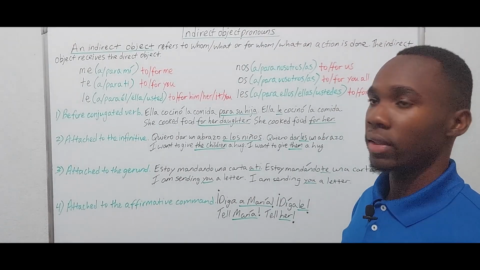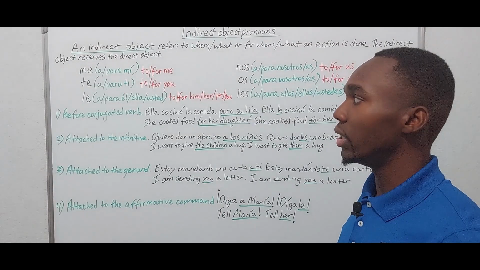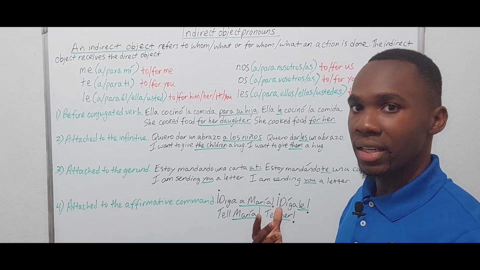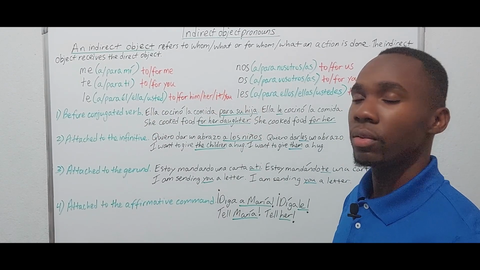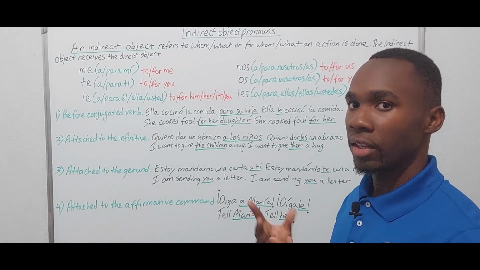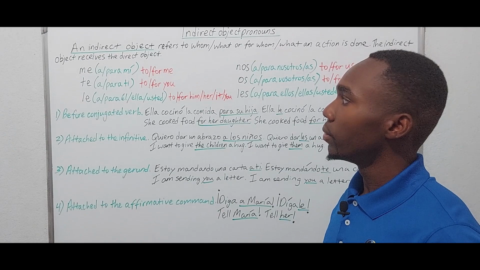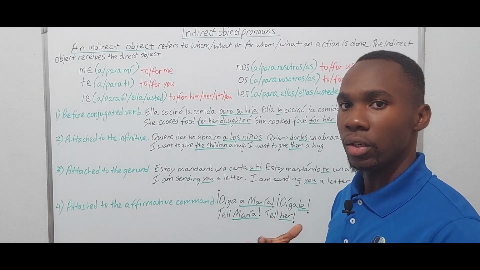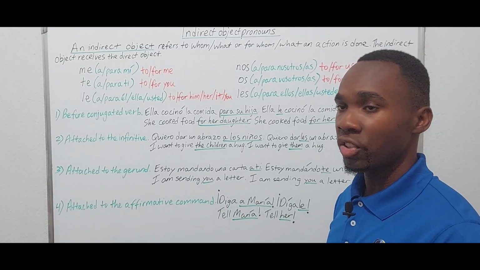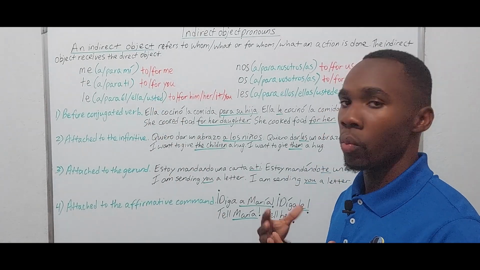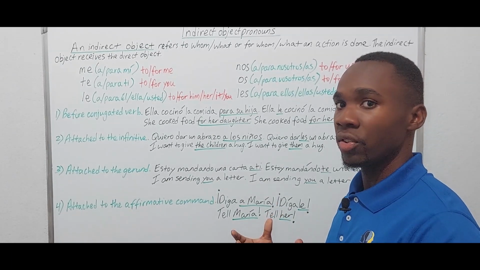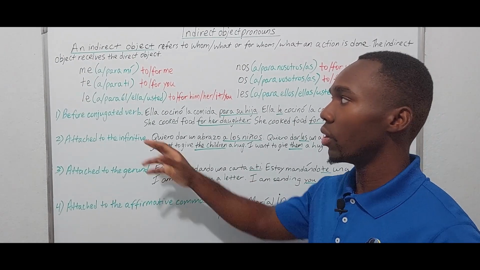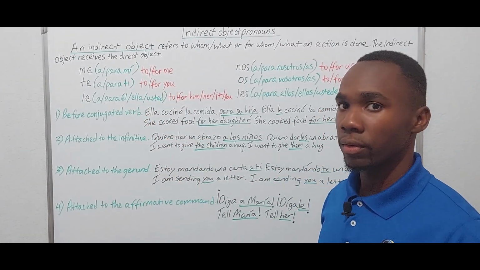What you will notice is that they're very similar to the direct object pronouns, but obviously there's a difference in meaning, and the third person would be different, right? So the black is going to represent the indirect object pronoun in Spanish. The green would represent what it would replace in Spanish, and the red would represent the English translation of the indirect object pronoun, right?